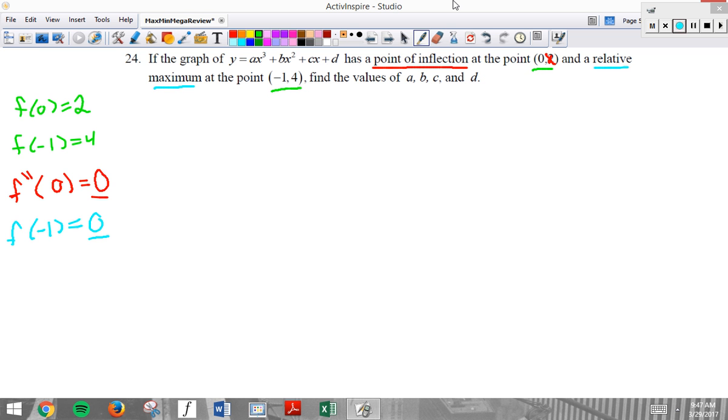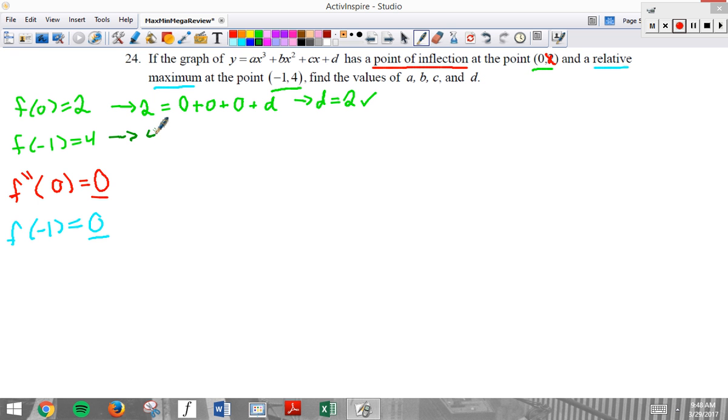Okay, so this one's giving me 2 equals 0 plus 0 plus 0 plus d. So d equals 2. And I can use that in every other equation.